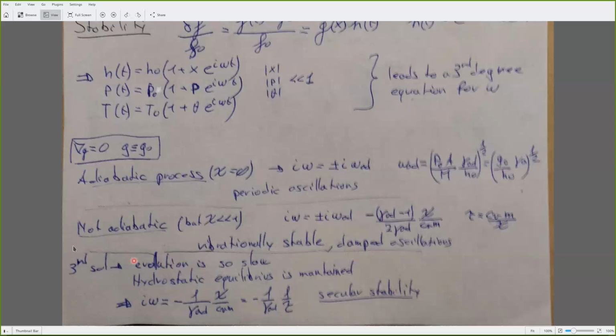You can see a third solution if the evolution is really small, so slow that the static equilibrium is maintained constantly. And in this case, the i omega is just a negative value. Essentially, we have what is called before the secular stability.